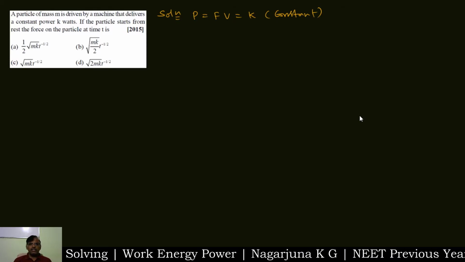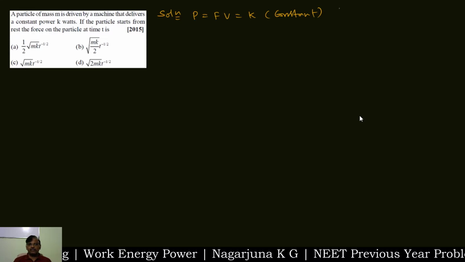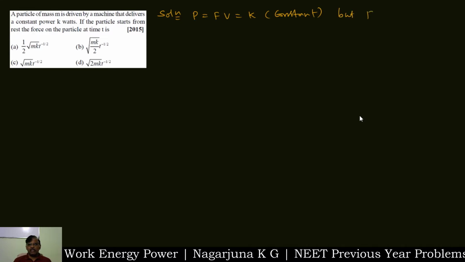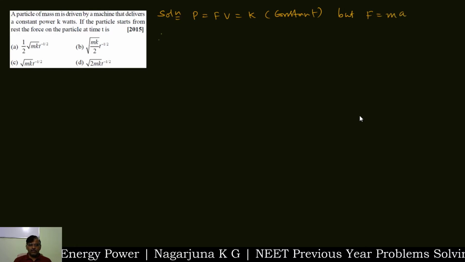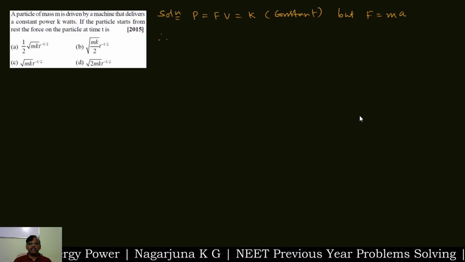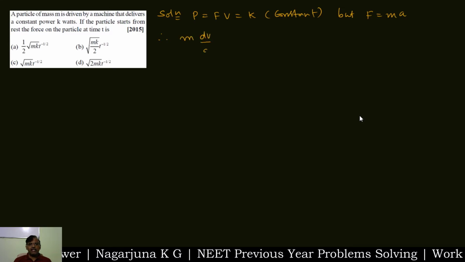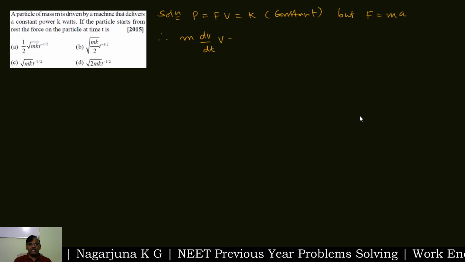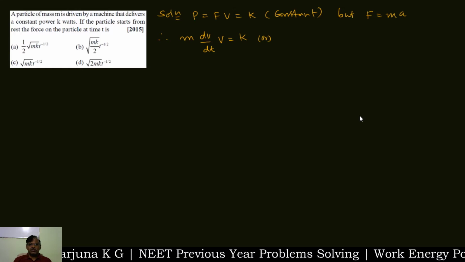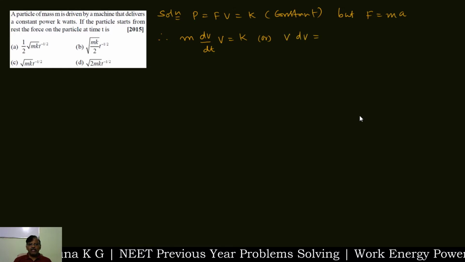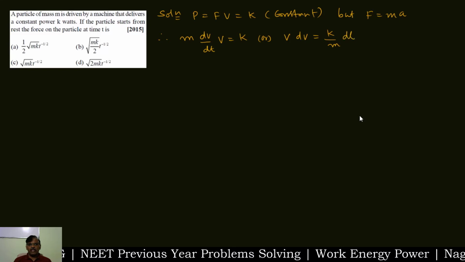But according to Newton's second law, F is equal to ma. Therefore, in the place of F, you can write it as ma. A again can be written as dV by dt, into V is equal to K, or V into dV is equal to K divided by M into dt.